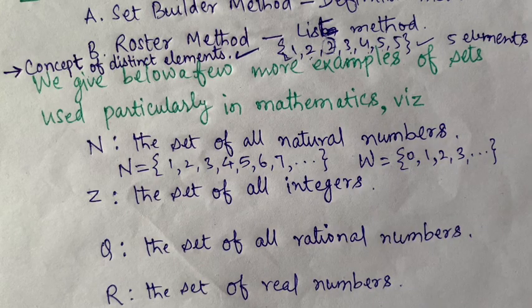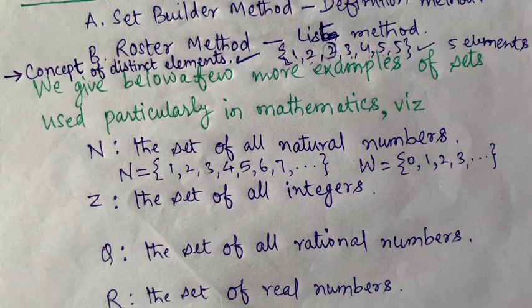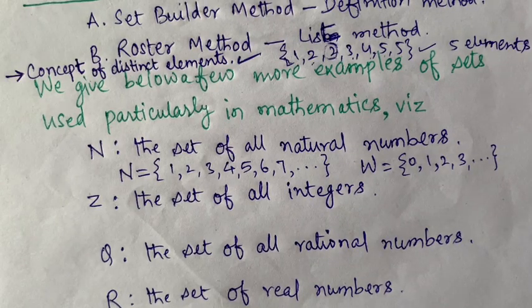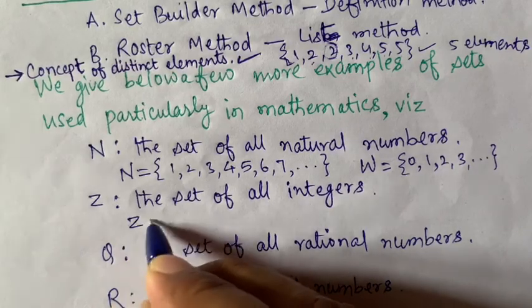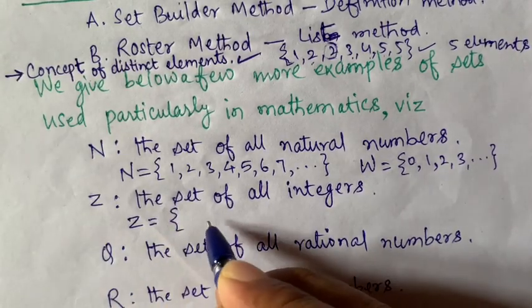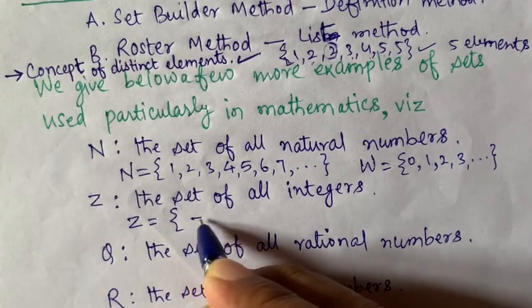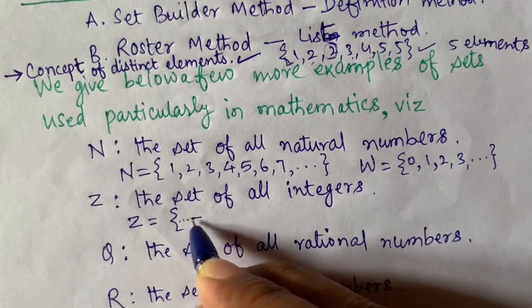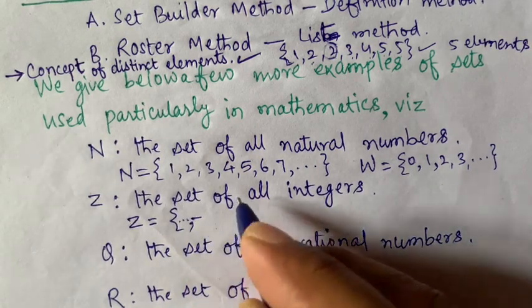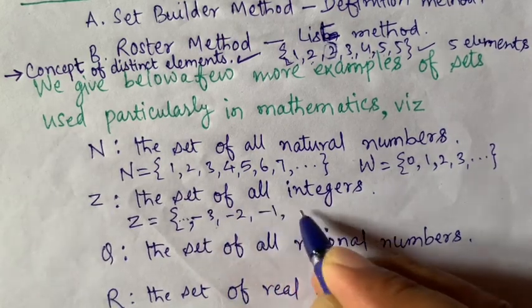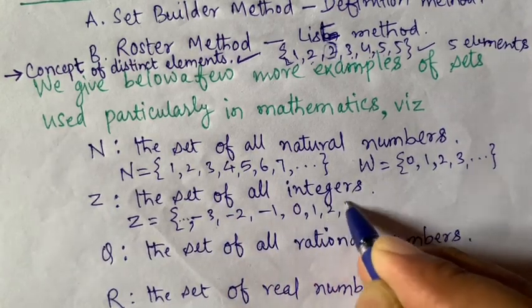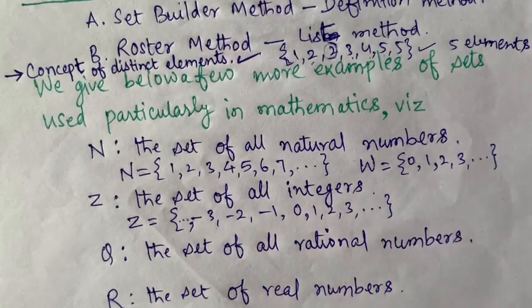Then comes the group of integers, in which if we write Z in the roster form, it will be dot dot dot, then minus 3, minus 2, minus 1, 0, 1, 2, 3, and so on.